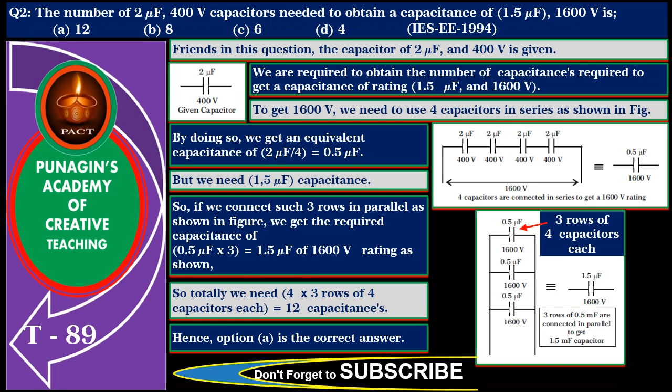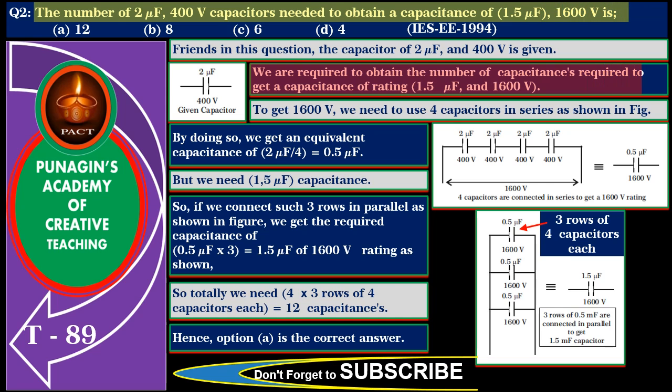Friends, in this question, the capacitor of 2 microfarad and 400 volts is given. We are required to obtain the number of capacitances required to get a capacitance of rating 1.5 microfarads and 1600 volts.